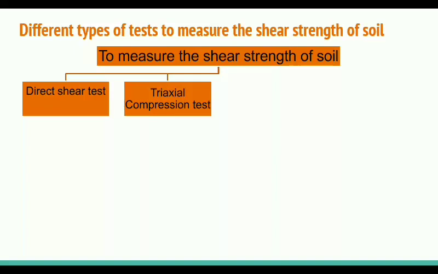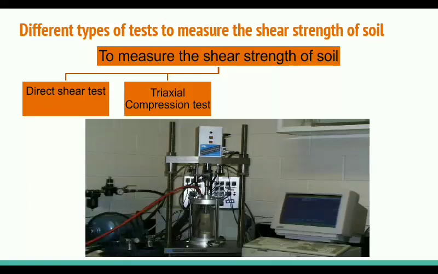And one more advantage of this triaxial compression test is that in this apparatus there is control over the drainage condition, and a device is attached that can measure the pore water pressure at any stage.